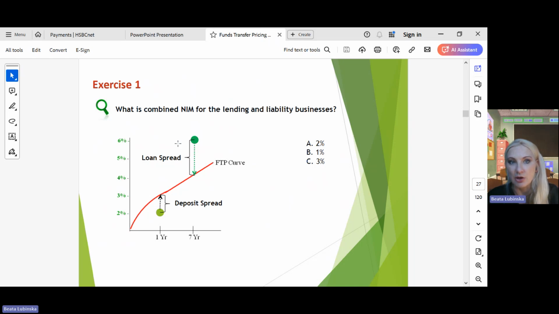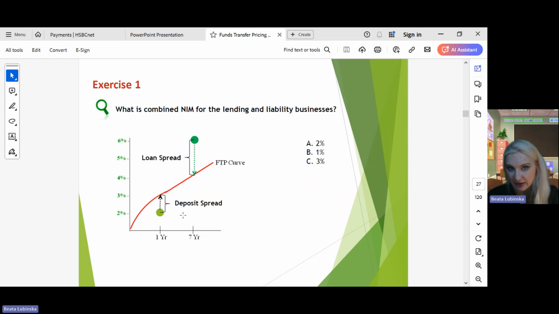Again, you have the loan spread, you have the deposit spread, and you know that the business unit is generating the P&L for the bank. So the assets business is responsible for generating different kinds of loans to the customers, and the liability side is responsible for generating funding for the bank.